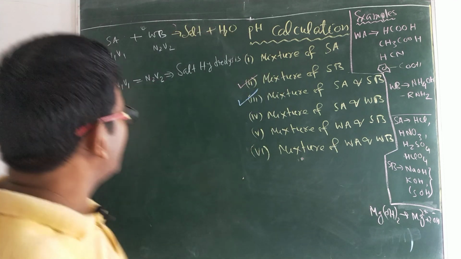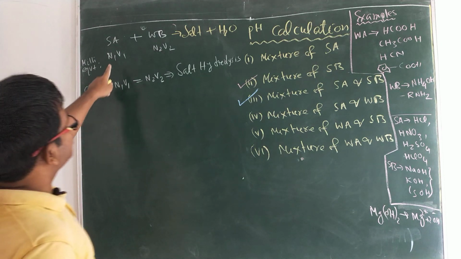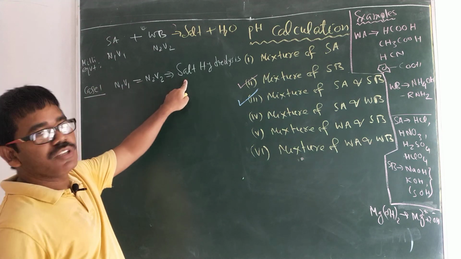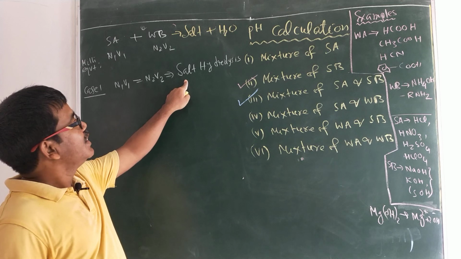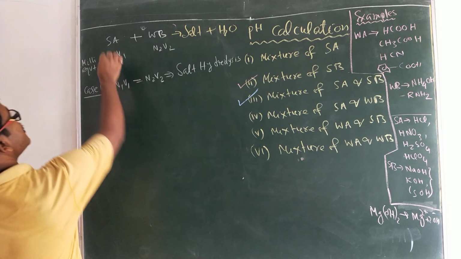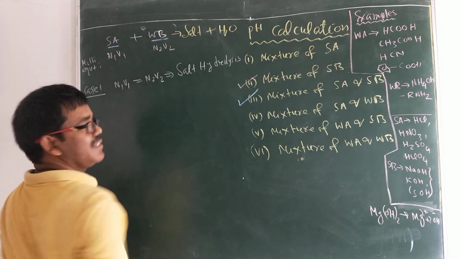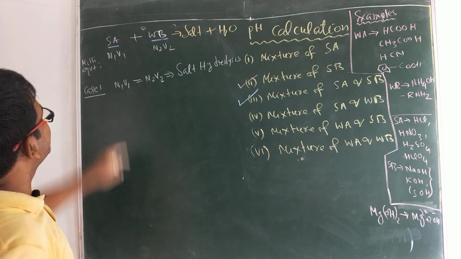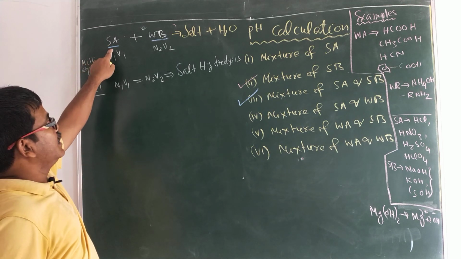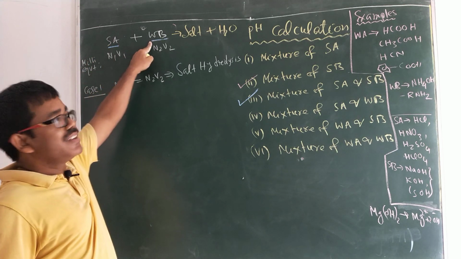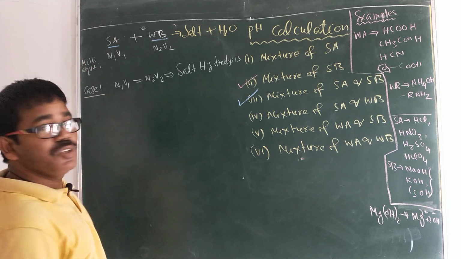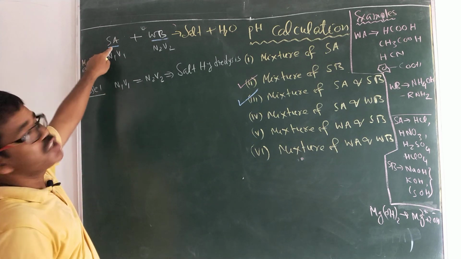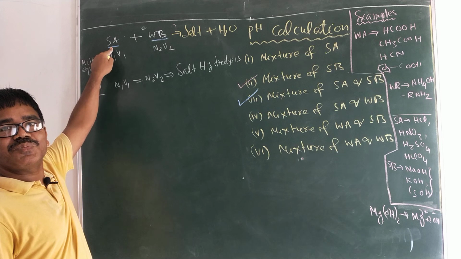Clear? Here what can happen, the milli equivalent of the acid and base are same, then it will go for salt hydrolysis. In case of salt hydrolysis, here this is the strong, this is the weak. Therefore I suppose you could understand that as the strong part is acid and the weak part is base, the resulting solution will be acidic, because this is the strong, this is the dominating part.